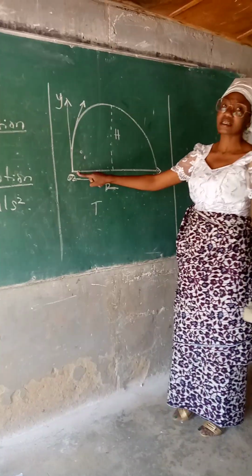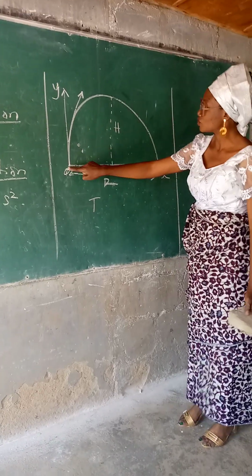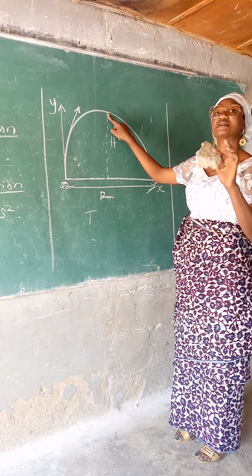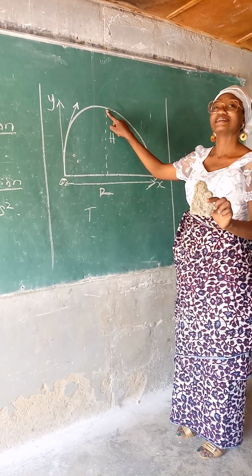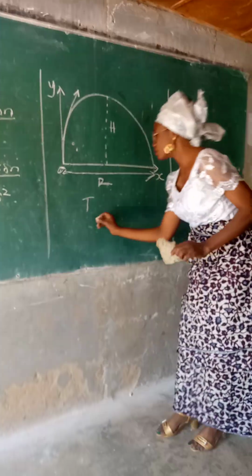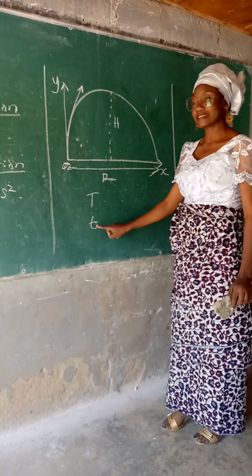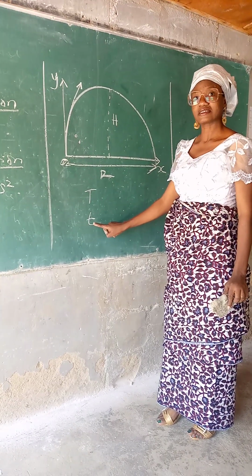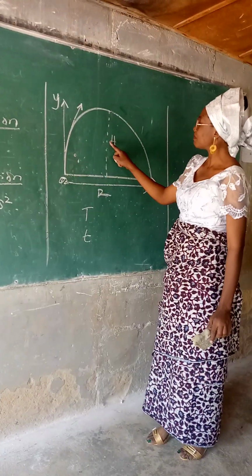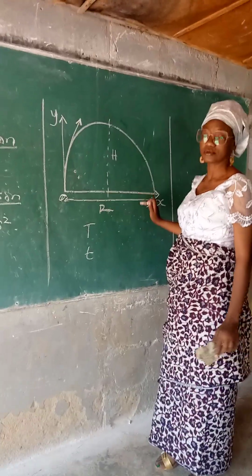The time it takes the body to reach maximum height is not taken as time of flight. It is taken as time to reach the maximum height, denoted with small letter t. Looking at the diagram, this is the maximum height, and this point is like half of the entire motion.